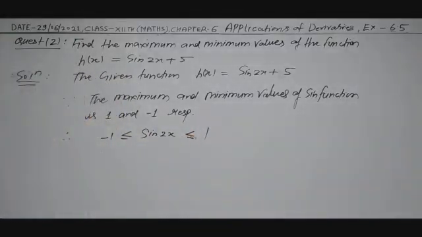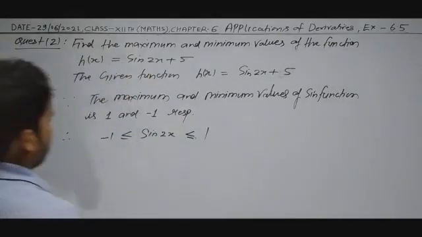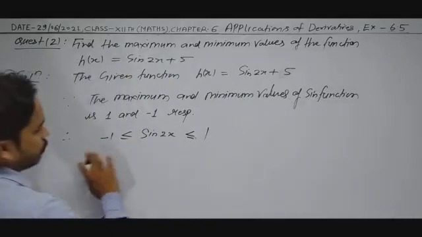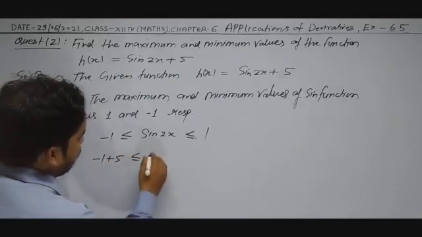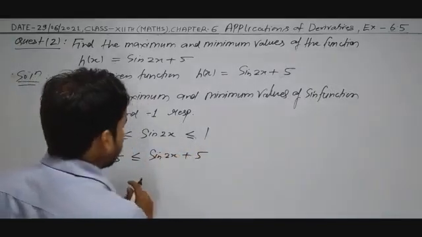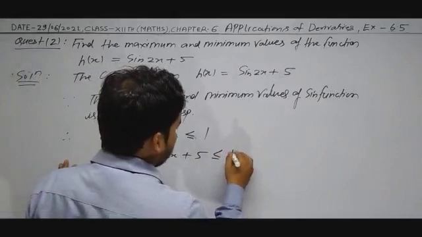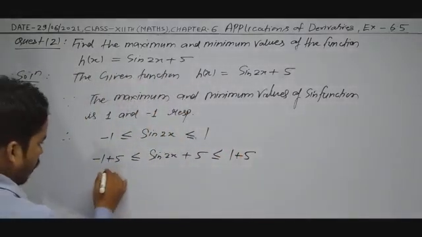So now we have the function h(x) = sin(2x) + 5. So operate plus 5 in this inequality. Minus 1 plus 5 is less than or equal to sin(2x) + 5, which is less than or equal to 1 plus 5.